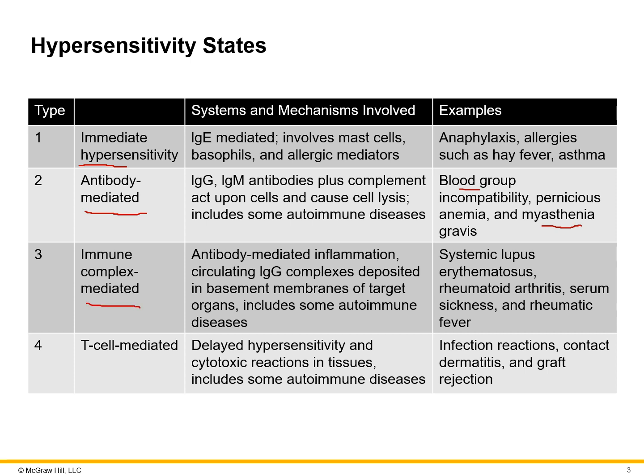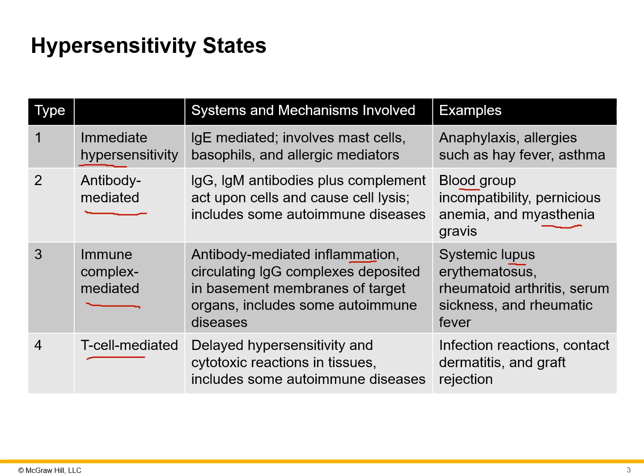Again, the immune complex in type 3. So this is lupus as an example here, or rheumatoid arthritis. This is where we have these antibody antigen complexes, and it induces inflammation, and that overactivation of inflammation causes a lot of damage.